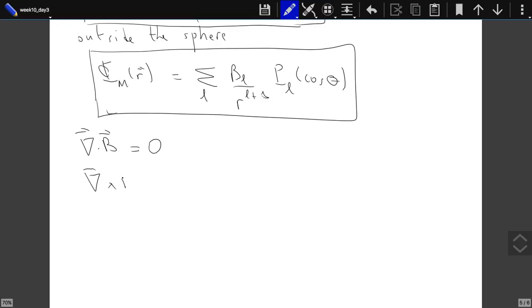And curl of B should be equal to 4 pi over c times J. Now, whenever you see a divergence, you can think of a volume integral. So if I integrate B over any closed surface, this should be the integral of divergence of B over the volume inside that surface, but divergence of B is equal to 0, so this is equal to 0.